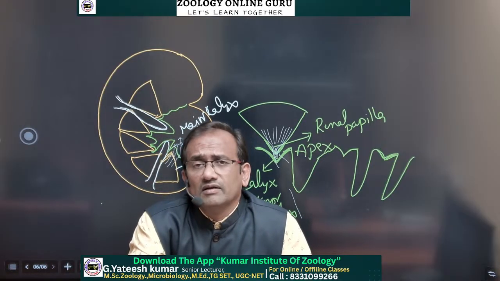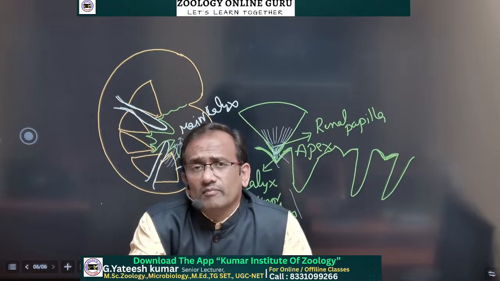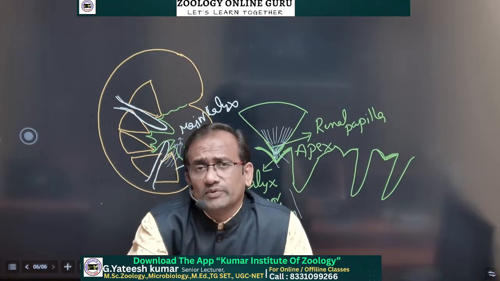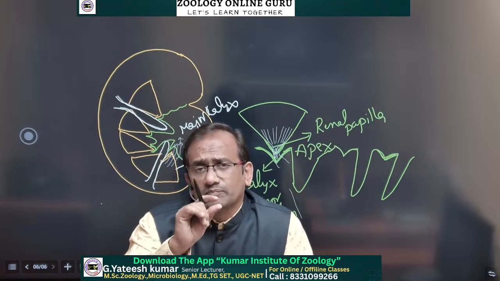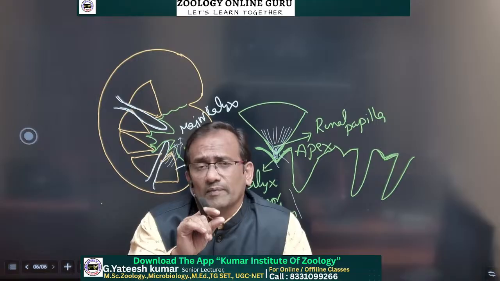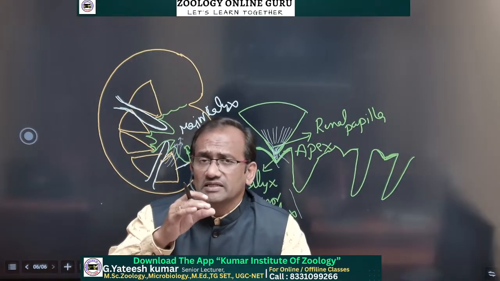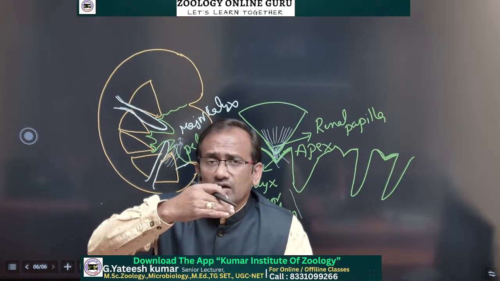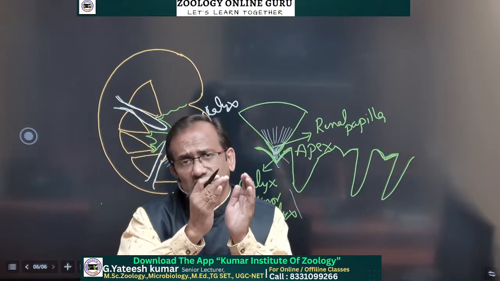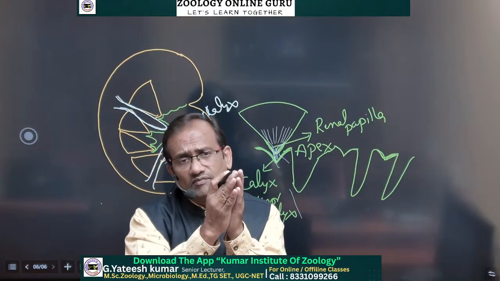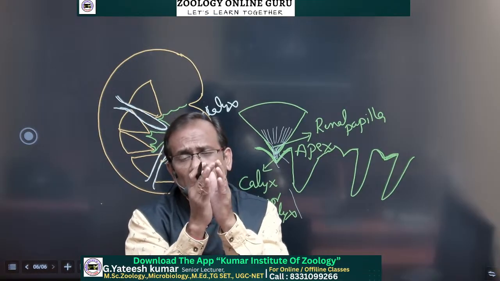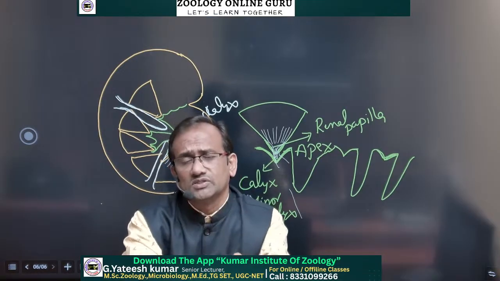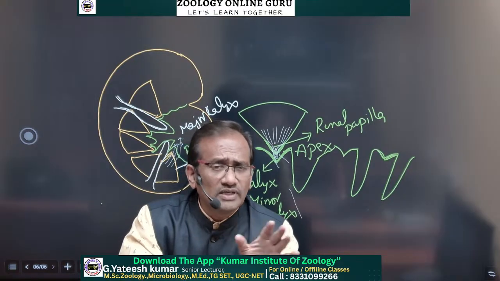Then in the medulla, the triangle-shaped medullary pyramids, the apex part is known as the renal papilla, and then the calyx. The calyx is the covering of the pelvis. The pelvis covers the apex of the renal pyramid, and that cap-like structure is known as calyx. Okay, clear.